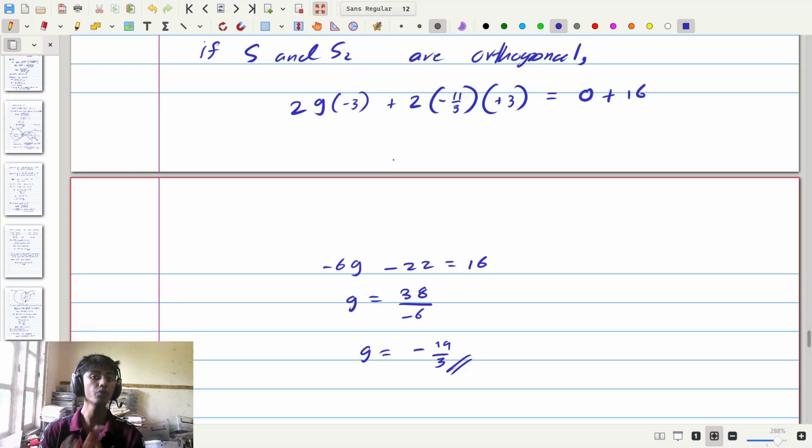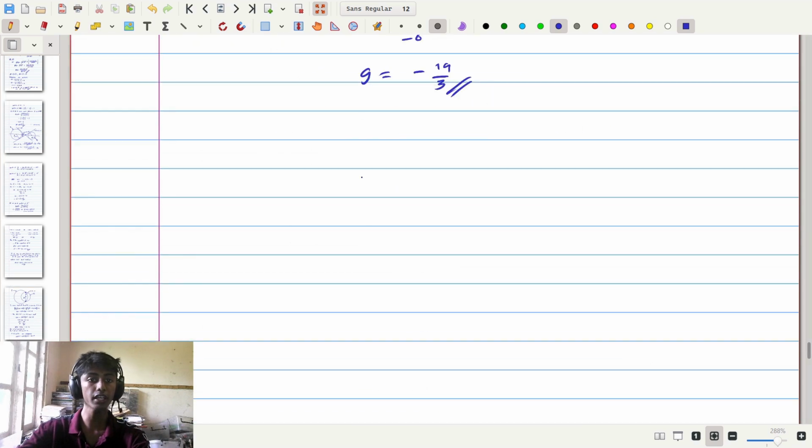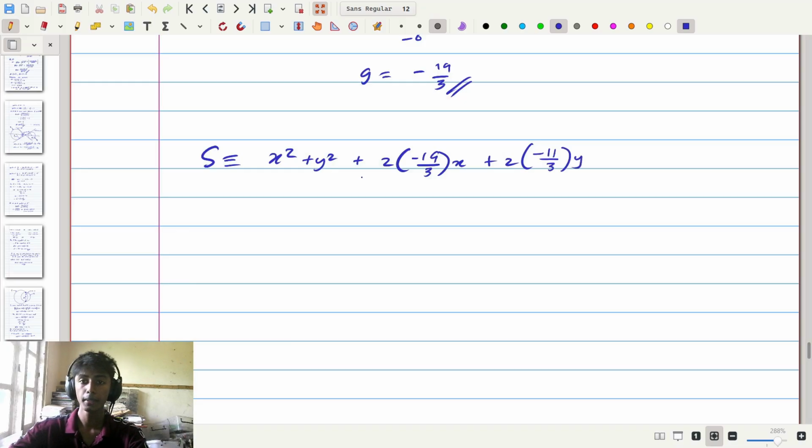With that, we have found the values of f and g, and therefore can finally write down the equation of the circle S. So circle S is given by x squared plus y squared plus 2gx, which is 2 times negative 19 over 3, x, plus 2fy, which is 2 times negative 11 over 3, y, plus 0, which we just write as nothing, equals 0.